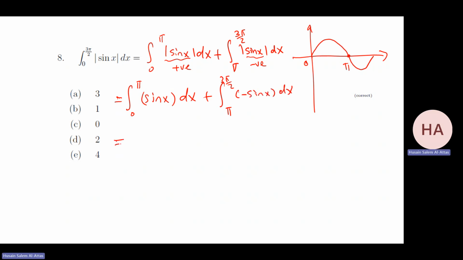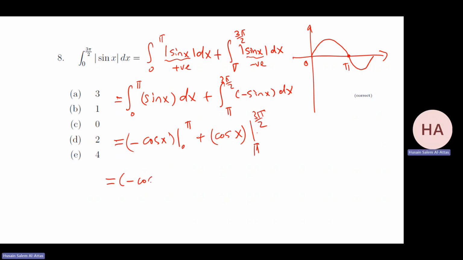Okay, let us do the calculation now. Minus cosine x from 0 to pi. Here plus minus minus, so it will be plus from pi to 3 pi over 2. Substitute now.